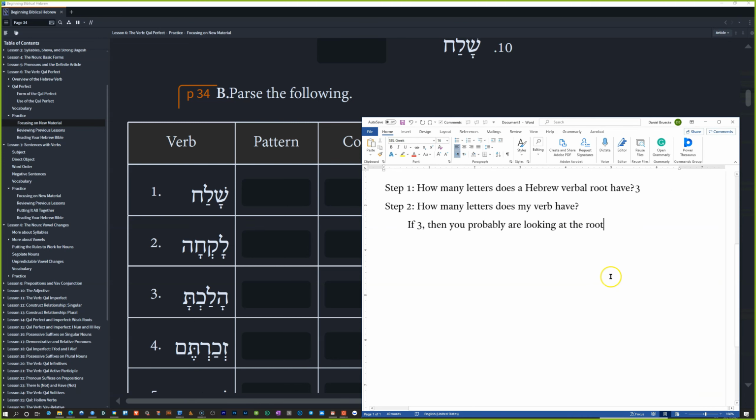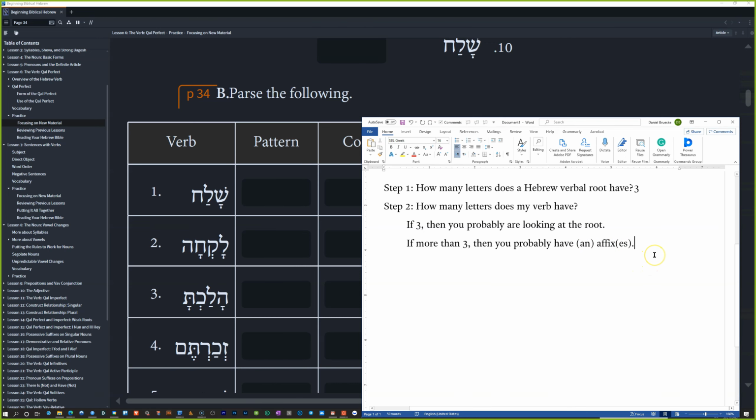All right. So step 2, if the answer is 3, then you're probably looking at the root, and you can go ahead and jot it down. If more than 3, then you probably have an affix, or multiple affixes. What in the world is an affix?